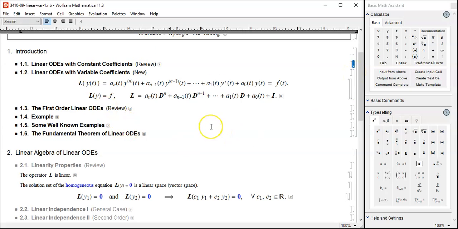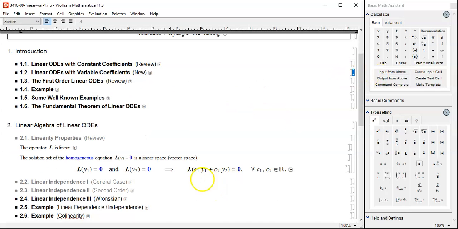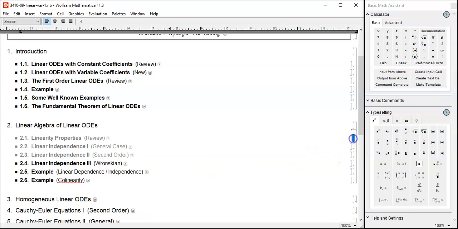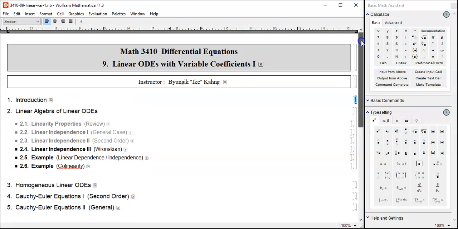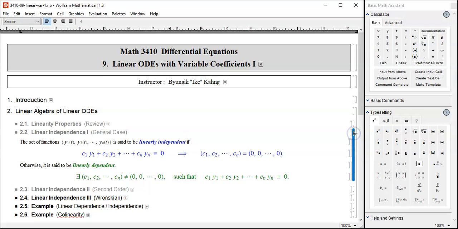When you deal with linear ODEs with variable coefficients, we consider variable coefficients for the operator and the equation itself, not the linear combinations of the solution. Those are constant coefficients. I cannot emphasize that too much. I repeated the same thing already 3-4 times, I guess.